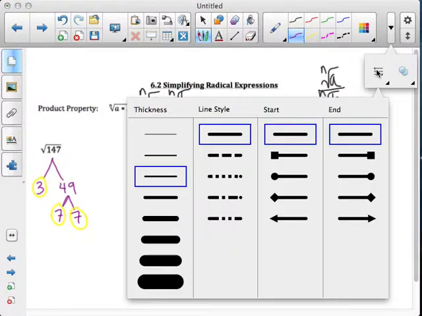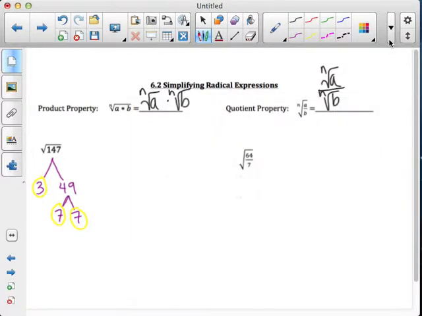So now I know that the square root of 147 is the same thing as the square root of 3 times 7 times 7. And you guys should remember that when you're taking a square root, you're looking for two numbers that are multiplied together to equal that number. So for example, I have 7 times 7 here, a group of 2.